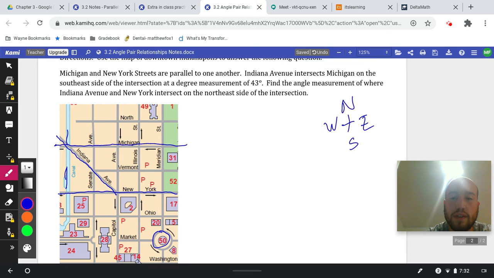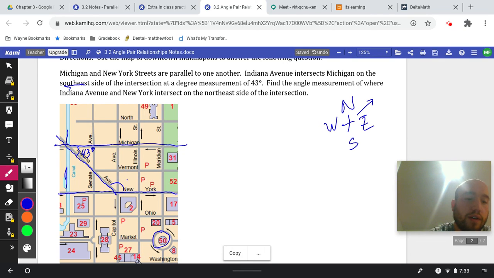Okay, so northeast, southwest, so southwest down here, southeast is what we're looking for. So the southeast right here, that angle, it tells us is 43 degrees, and it says find the angle measurement of where Indiana and New York intersect on the northeast side. So northeast, that's up to the right. That's going to be right here.